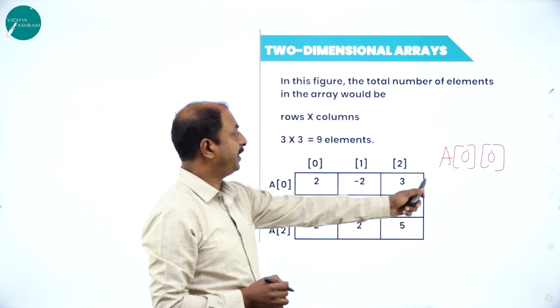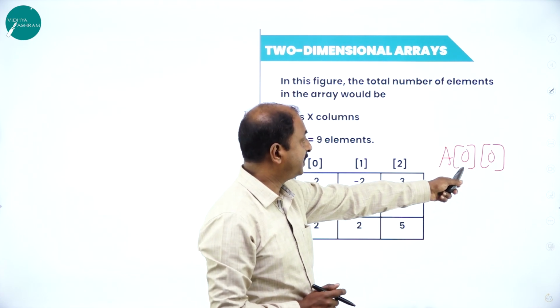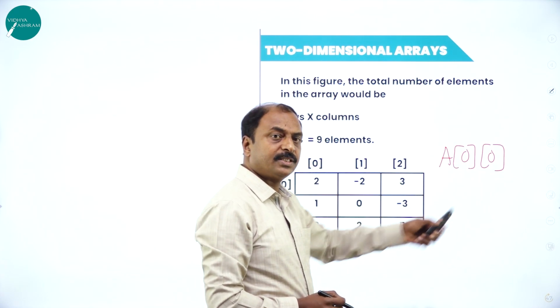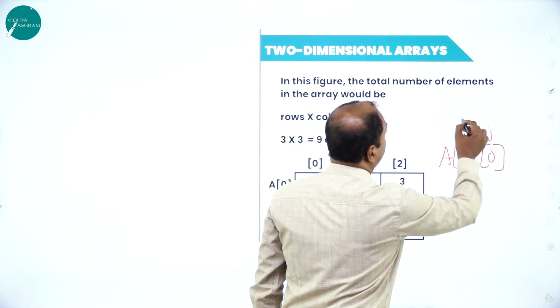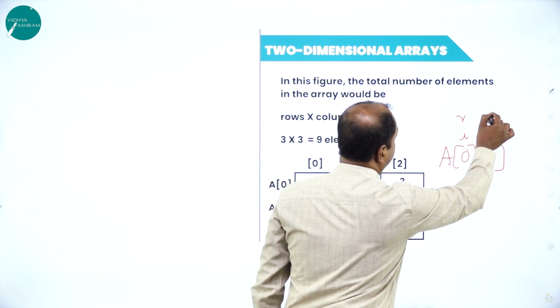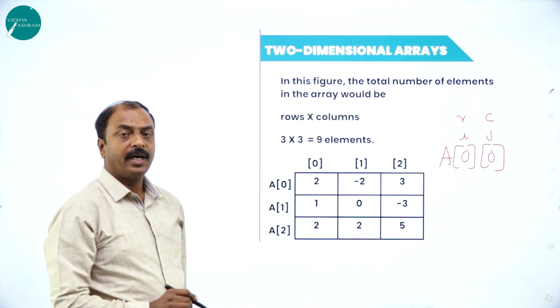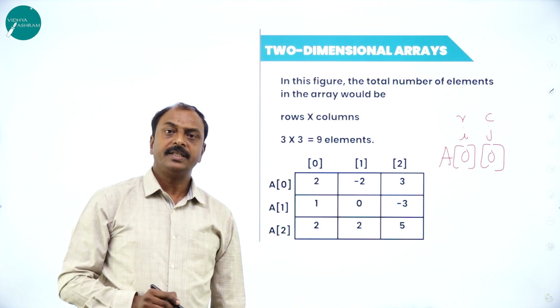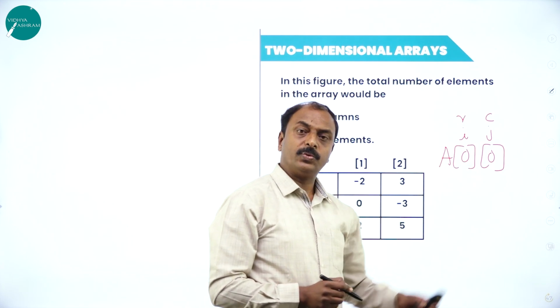So here A is the name of the array, the first index is 0, the second index is 0. Here, I stands for rows and J stands for columns. So array subscripts always start with the index 0 in a one-dimensional array and 0 and 0 in a two-dimensional array.